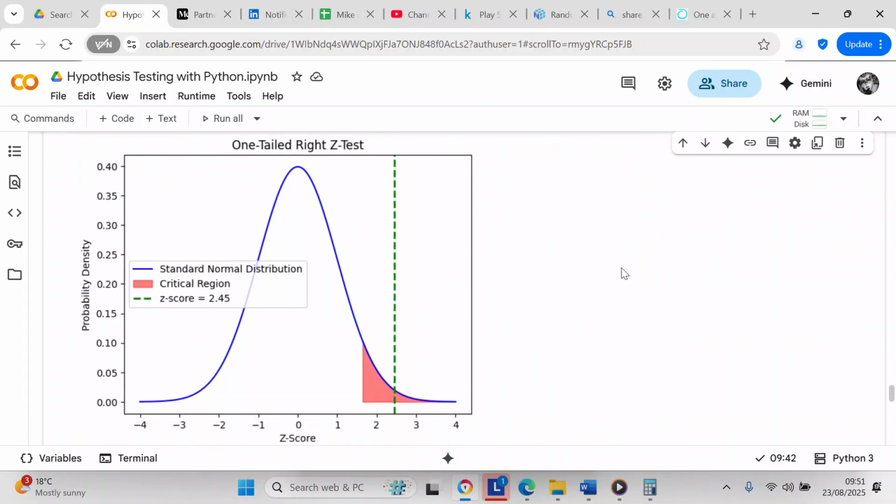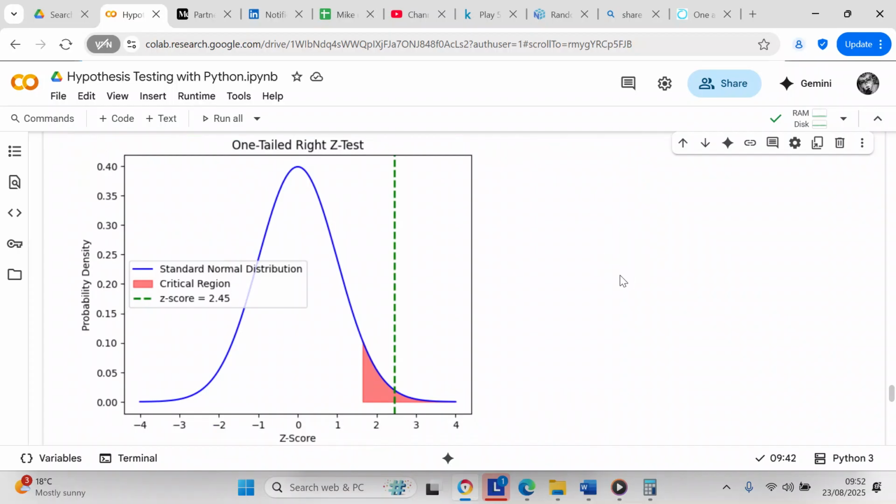And this is the chart that we've made so you can visualize it. The blue line is your normal distribution, the red is your critical region, and the green is your z-score. You can see that the green falls within the critical region of the normal distribution. So that means that the null hypothesis is rejected in favor of the alternate hypothesis.